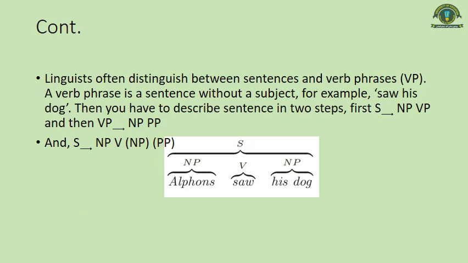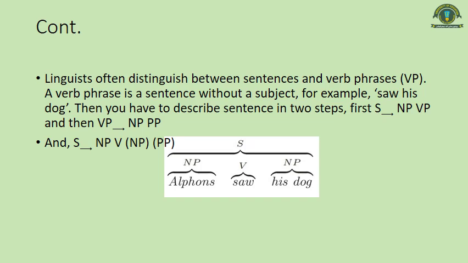In this diagram, bracketing representation, this rule says a sentence is a noun phrase followed by a verb and possibly some other noun phrase and or a prepositional phrase. For example, Alphonse saw his dog.